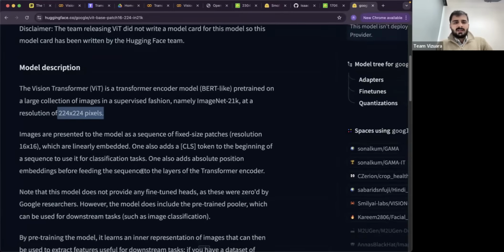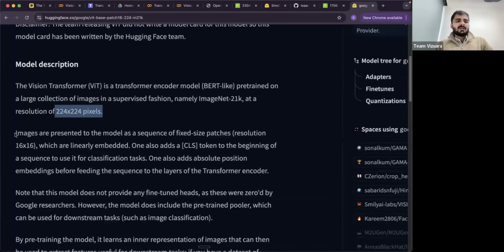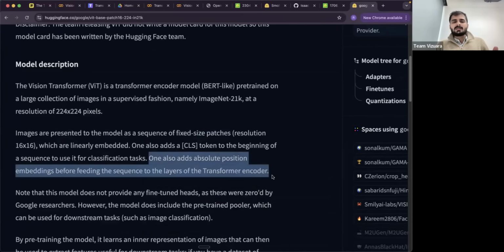So now you can actually understand this paragraph. It says images are presented to the model as a sequence of fixed size patches, which are the tokens we are talking about, which are linearly embedded. And one also adds a CLS token to the beginning of the sequence to use it for classification tasks. And one also adds absolute position embeddings before feeding the sequence to the layers of the encoder.